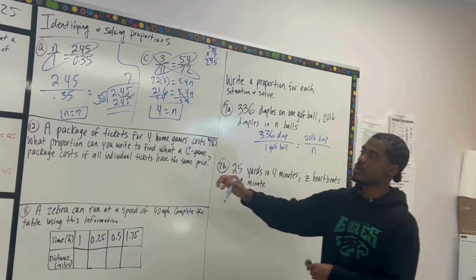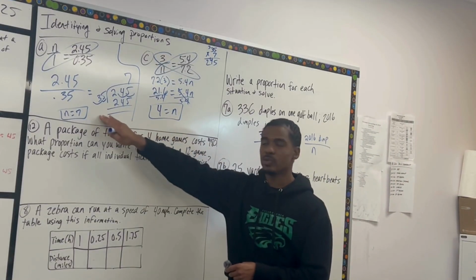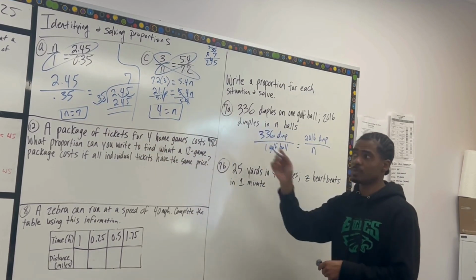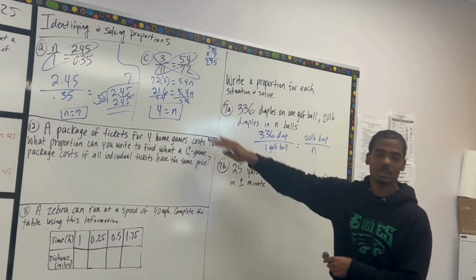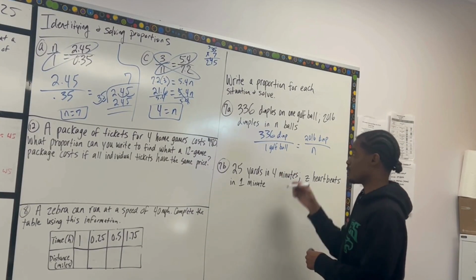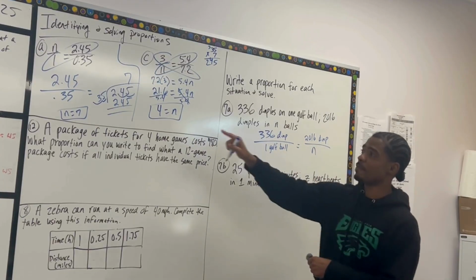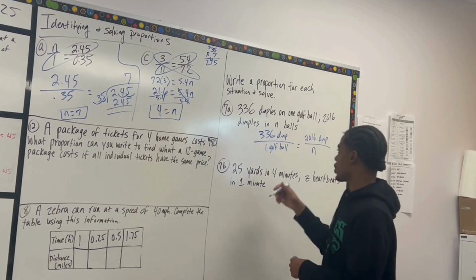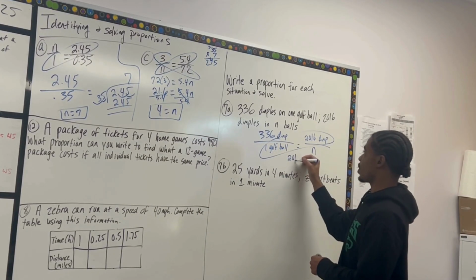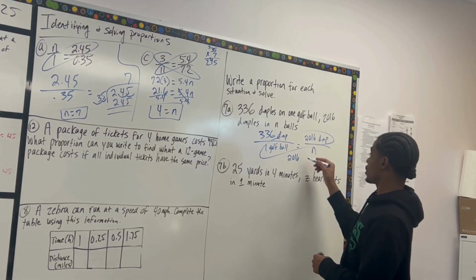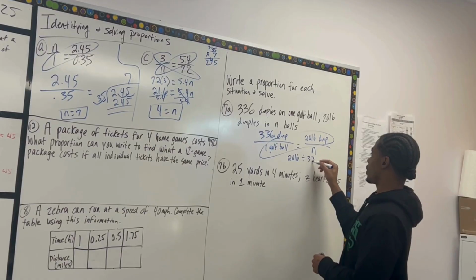I'm going to keep it simple and use the first way where we cross multiply and then divide. If you don't do that, that's fine. If you want to set them up like this, whichever way is easier for you. But in general, I think the first way is a little easier for most people. So we've got 2016 divided by 336.